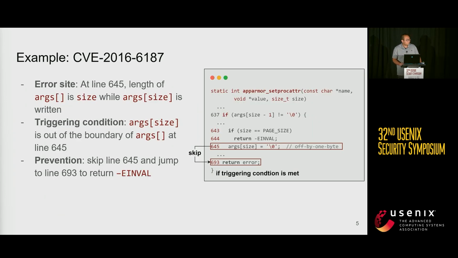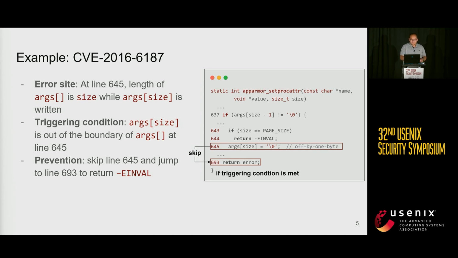Here is a slab, or heap, out-of-bounds in the kernel. The error condition is shown in line 645, where the length of the array args is defined as size in the function arguments, so the last index can be written as size - 1. But the code mistakenly writes the index size, resulting in a 1 byte overflow.